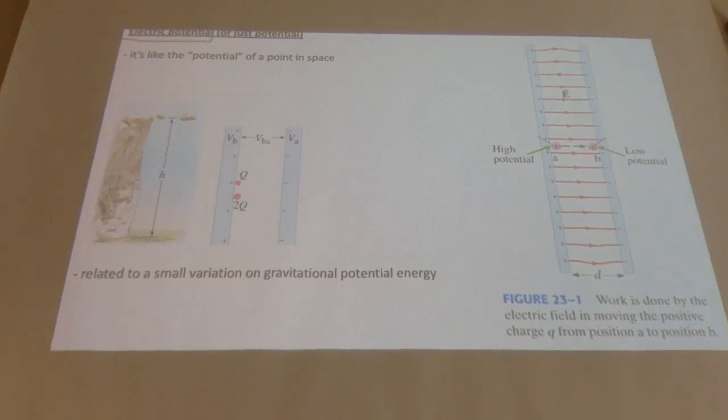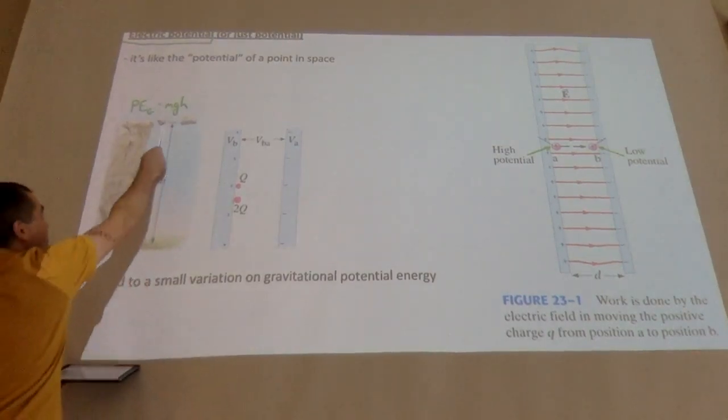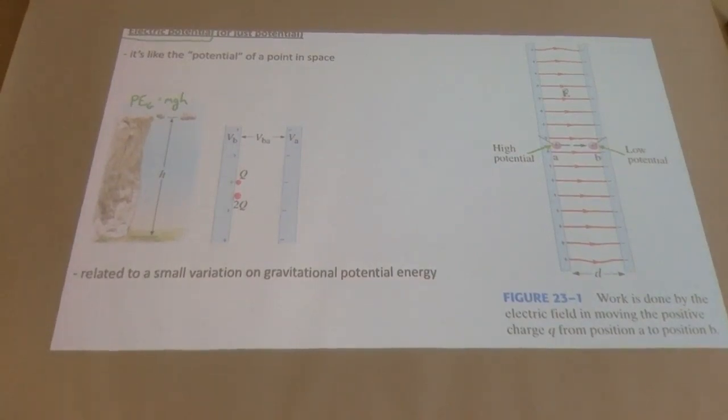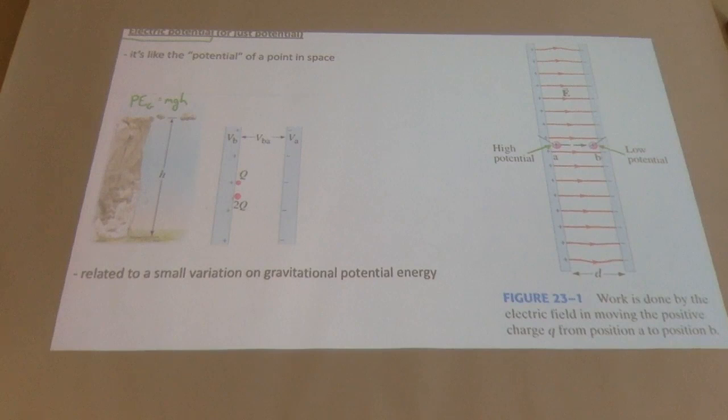You might remember that we could write gravitational potential energy as PE. Sometimes U is used, but PE, gravitational, is equal to m times g times h, right? So how much gravitational potential energy a piece of mass has is not just based on where it's located above the ground, but also based on how much mass it has, okay?